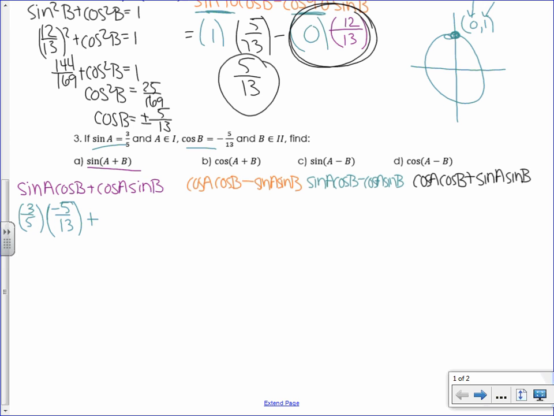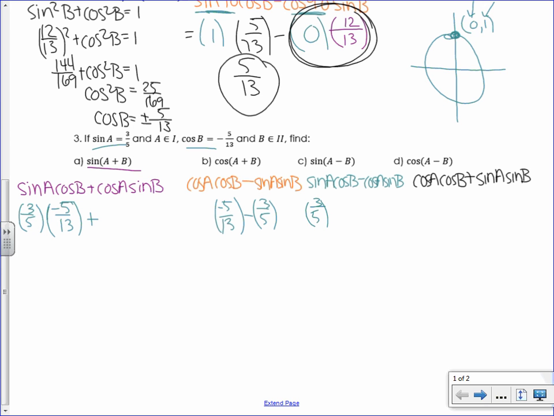And then that'll be a plus. Here, sine of A is 3/5. Gonna have this minus in front of it, and then I've got the cosine of B right here, so that's negative 5/13. It's kind of nice to just fill in all this stuff so you don't have to do it all again later.